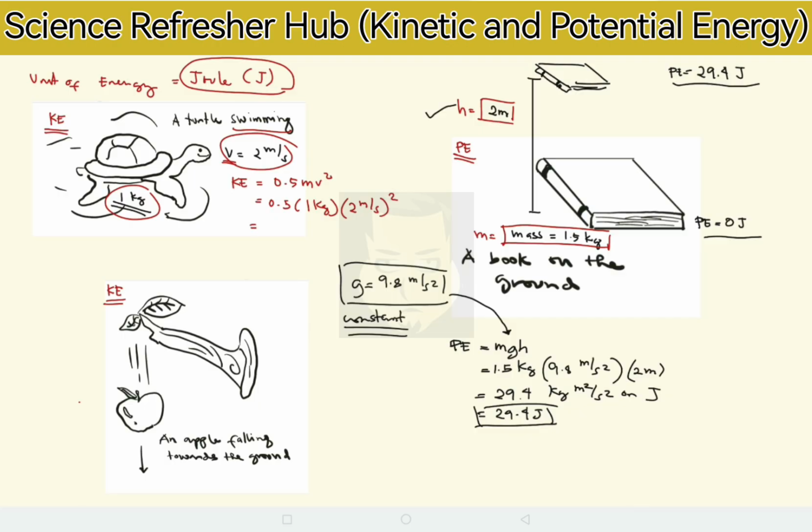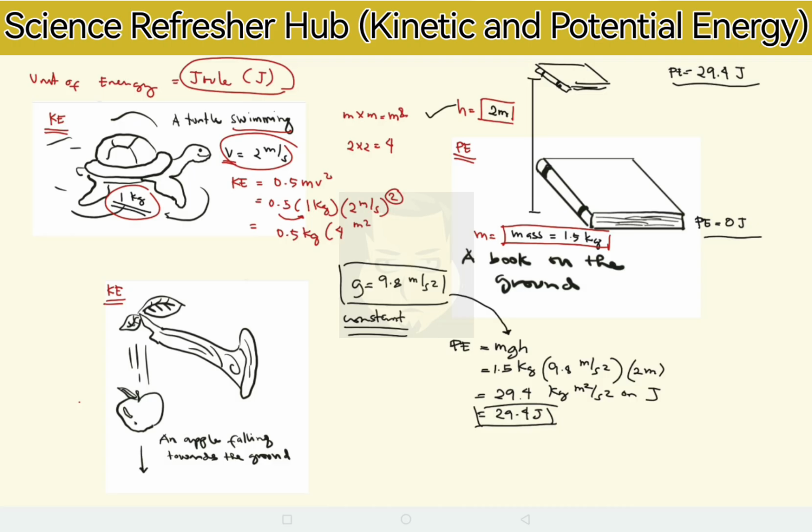0.5, let's do it this way. 0.5 multiplied by 1, so it's 0.5 kilogram. And then don't forget, we will square the magnitude and units of our velocity here. So 2 times itself, that's going to be 4. So 2 times 2 is 4 because we need to square it. And then meter times meter, that's meter squared.